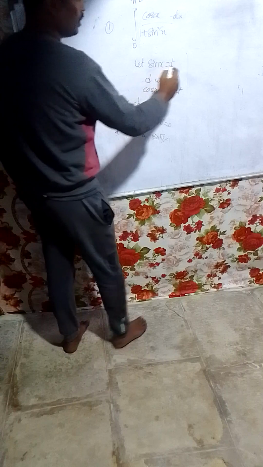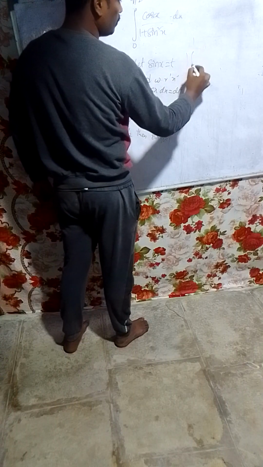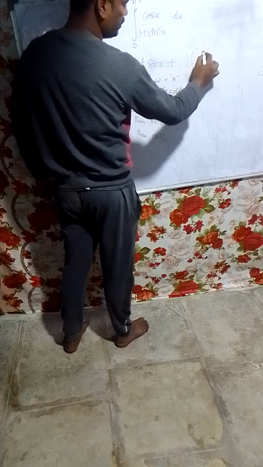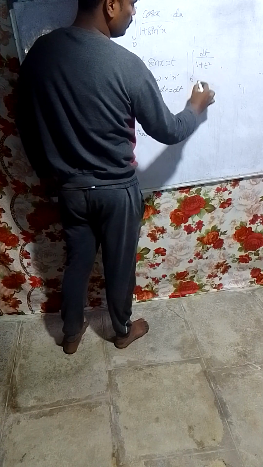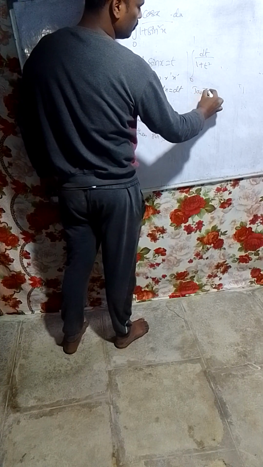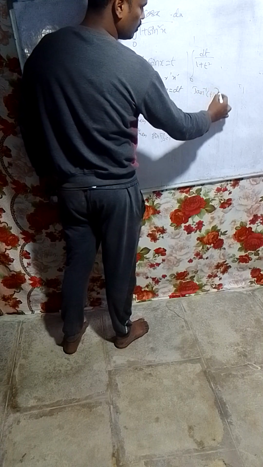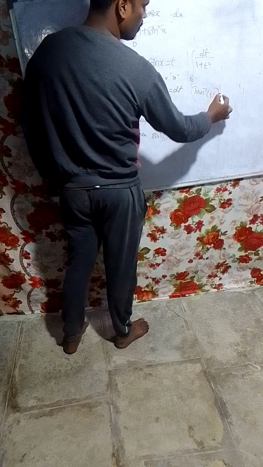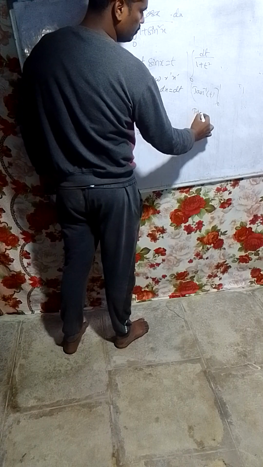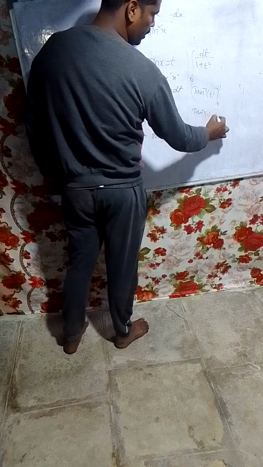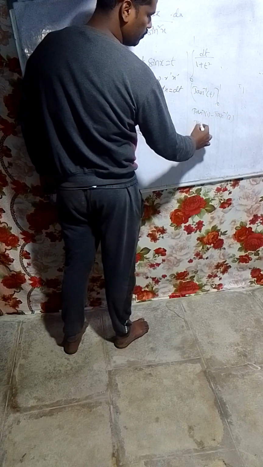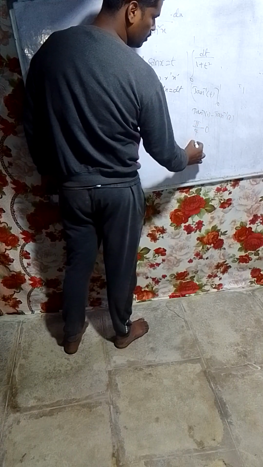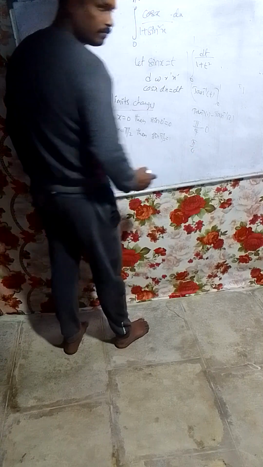Here the limits are 0 to 1, cos x dx is dt, 1 plus t square, then we can write tan inverse t. The limits are 0 to 1, tan inverse 1 minus tan inverse 0. Tan inverse 1 is pi by 4 minus 0, we get pi by 4.